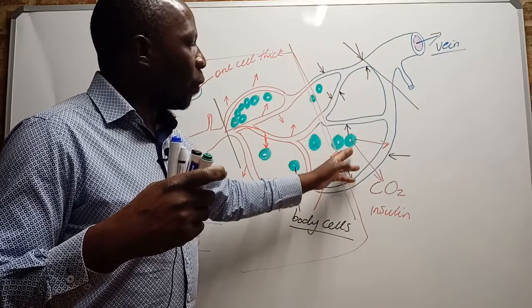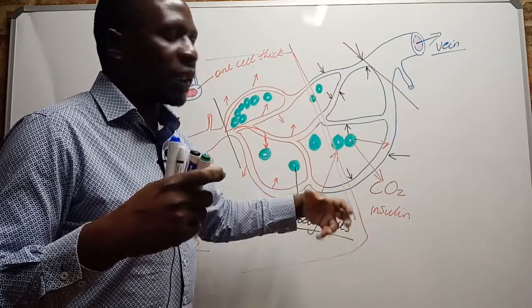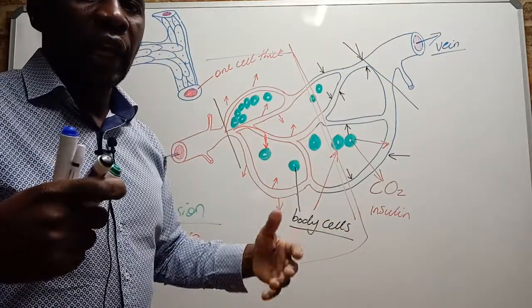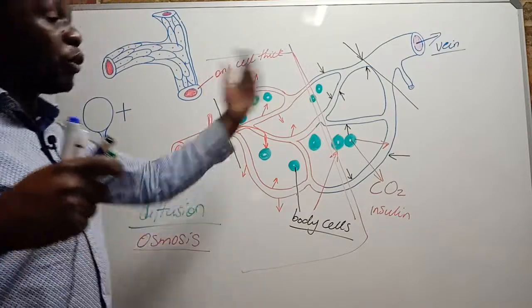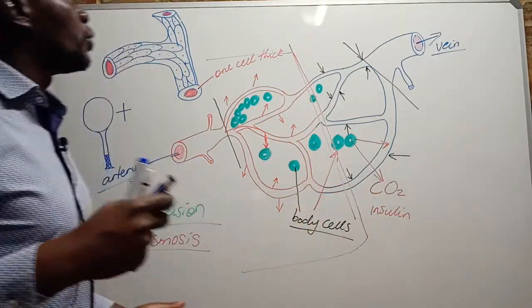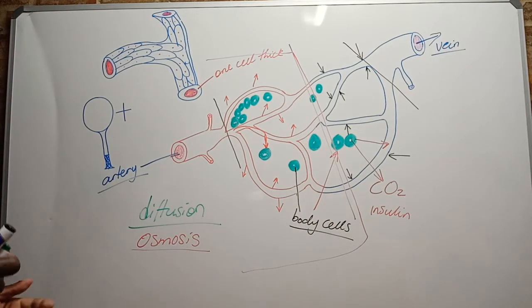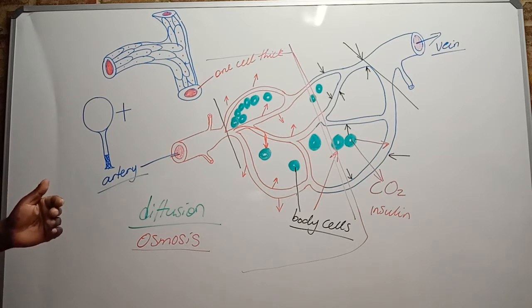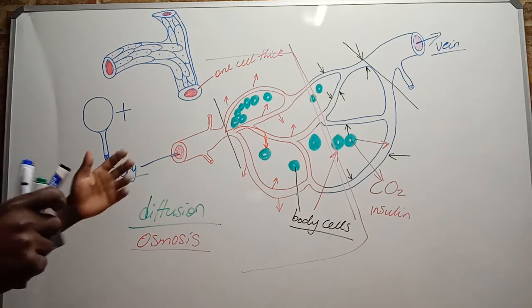Insulin is a waste product from the cells, but it is a hormone. It is equally important to be used in some other functions of the body that we are going to discuss. So that's everything that you need to know about the capillary veins.